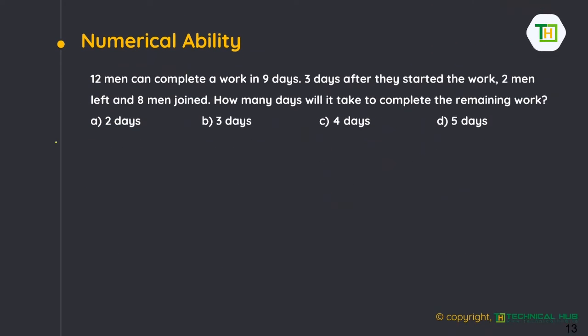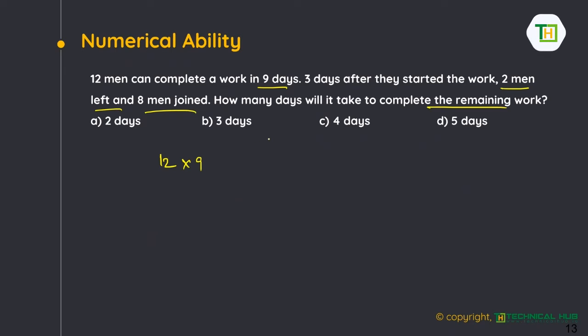Next question. 12 men can complete a work in 9 days. 3 days after they started the work, 2 men left and 8 men joined. How many days will it take to complete the remaining work? See here, initially 12 men can complete a work in 9 days.